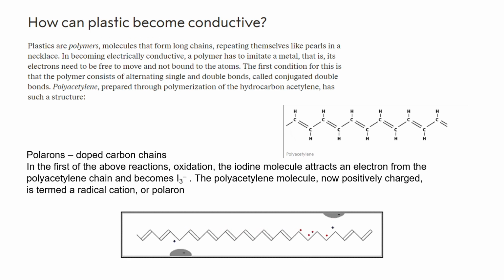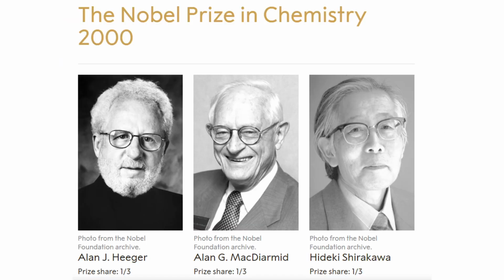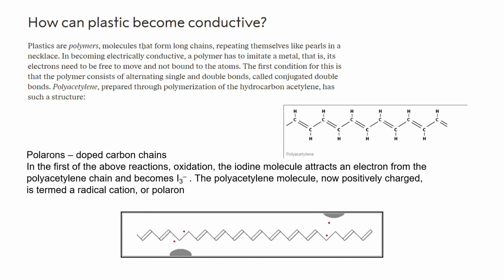It is one of the Nobel prizes that people received in 2000: how plastic can behave as a conductor. For that, polymerization of this polyacetylene molecule. Not alkyl: if alkynes are used for polymerization, then you can expect formation of this kind of polymer where double bonds are there.